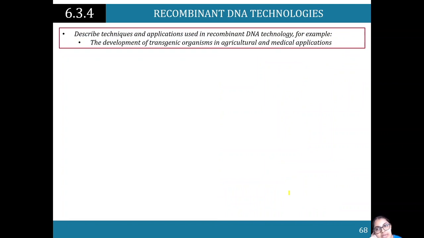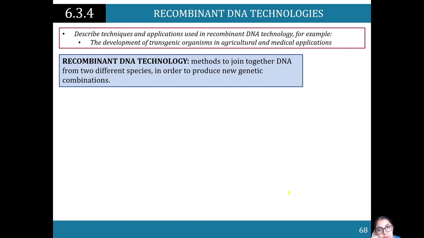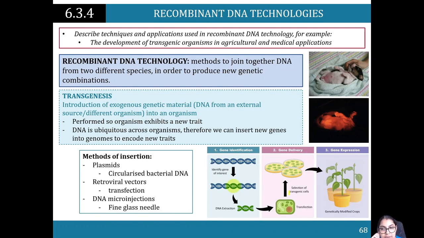Okay, recombinant DNA technologies. It's a method to join together DNA from two different species in order to produce new genetic combinations. Transgenesis is the process through which we introduce exogenous genetic material, which is material from outside the organism, into another organism.